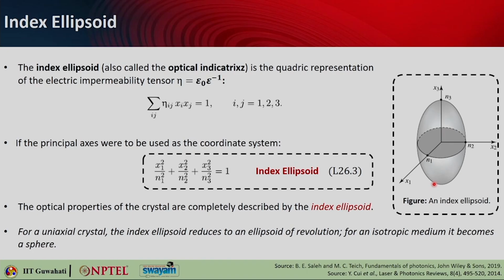Prolate means like a kind of rice grain, and oblate looks like a gem. And for an isotropic medium where n1, n2 and n3 are equal, you can understand this ellipsoid will reduce to a sphere. So, in all directions the property is the same, and that is what isotropic means. So, the index ellipsoid for an isotropic material is a sphere.